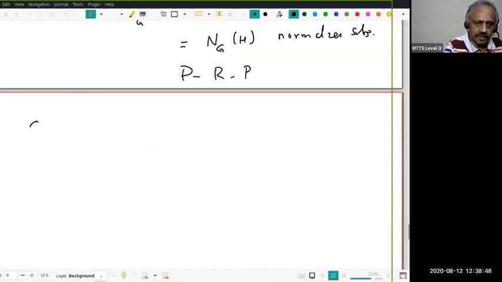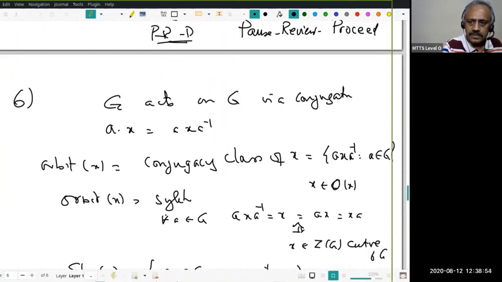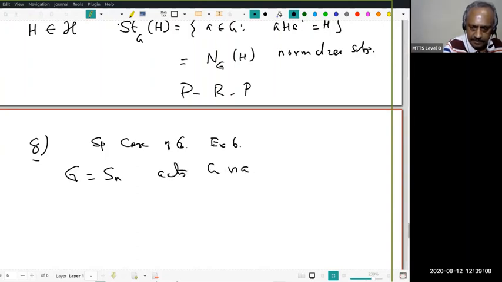Now let's look at a concrete example, a special case. Now G is Sn. It acts on itself via conjugation.